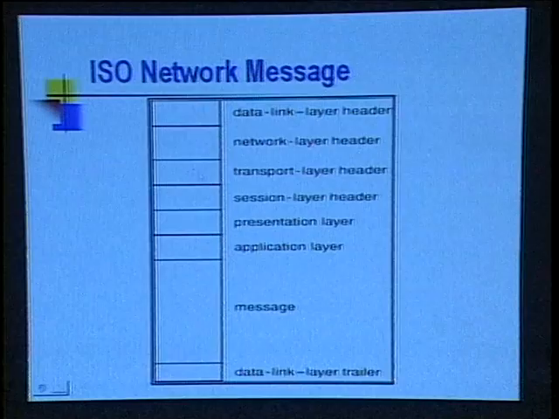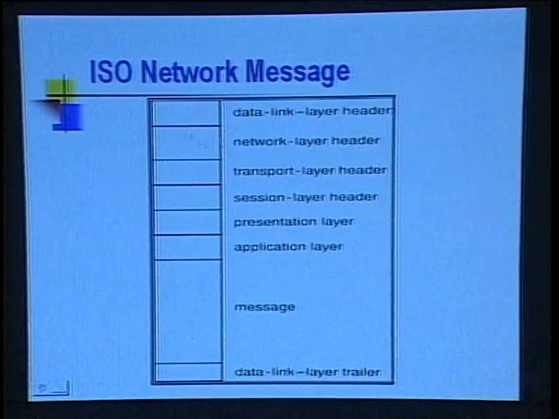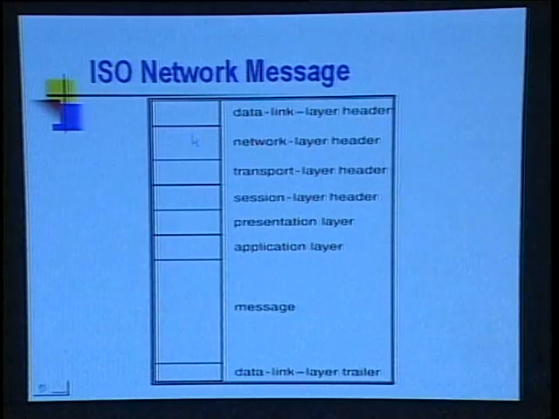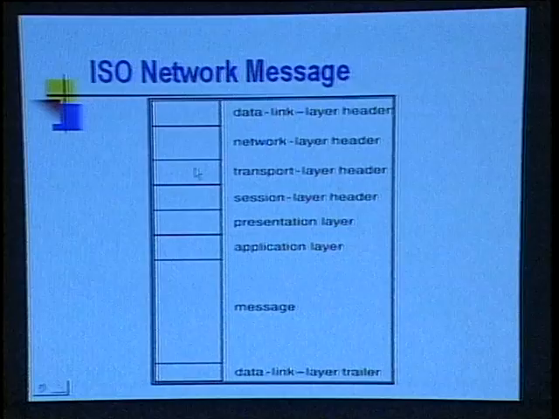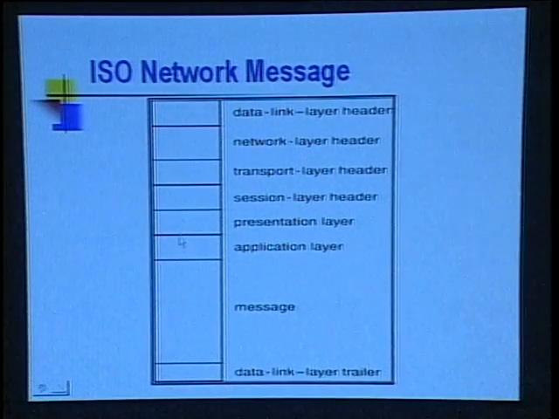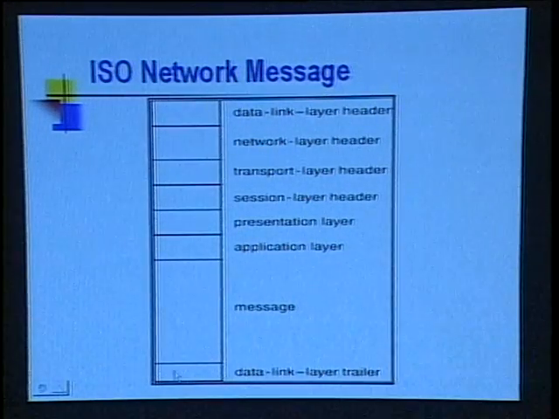The format of the message is that we have a data link layer header, a network layer header, a transport layer header, a session layer header, a presentation layer header, an application layer header, and actually the message and data link layer trailer.